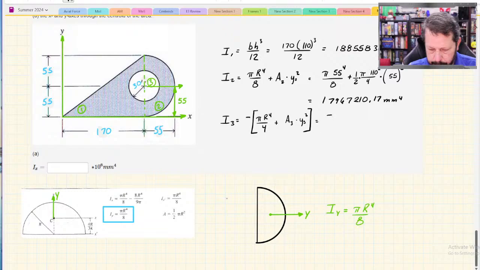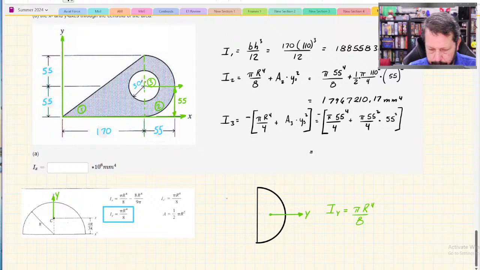So pi, it has a radius of 55. Again, there's a negative sign in front of everything. An area of pi d squared over 4 times the y distance from the centroid origin of the circle down to my x-axis, because this problem is specifically asking about the x-axis, is 55. So I've got lots of 55s in there.